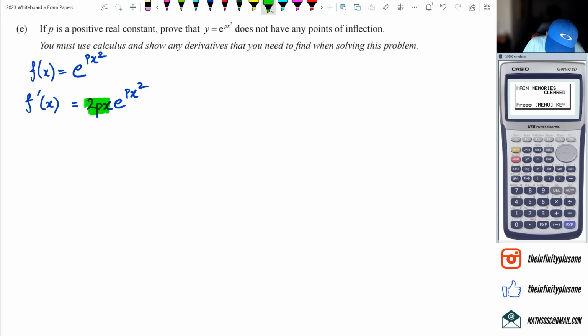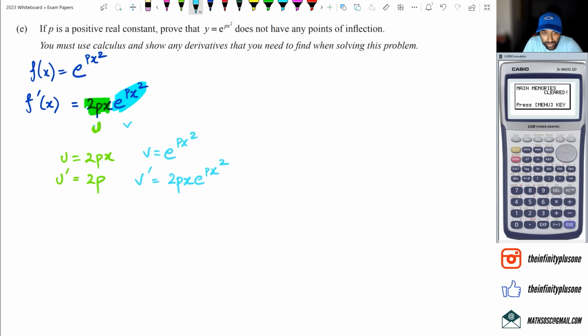So 2px is going to be one of those products, and e to the power of px squared is another one of those products. If I'm using product rule for this, I'm going to put this as u and v. Let's go with the matching. So I can say that u is equal to 2px, which means u dash is equal to 2p, and then v is equal to e to the power of px squared, which means v dash is what we just got before, which is 2px e to the power of px squared.